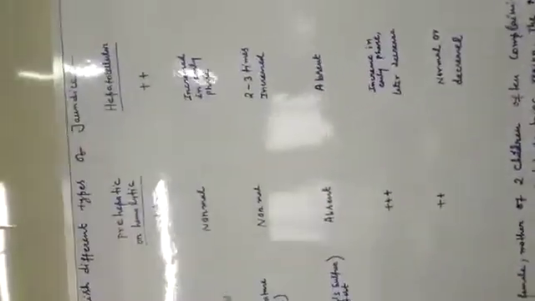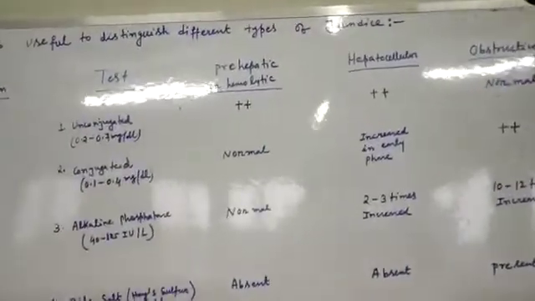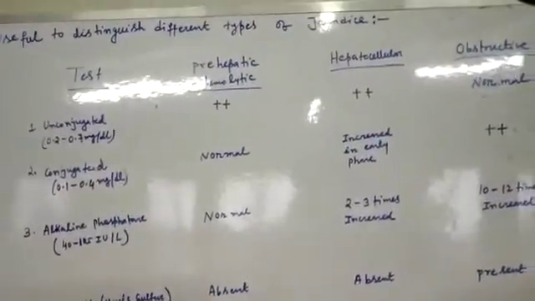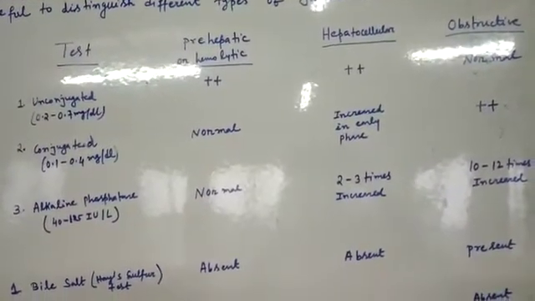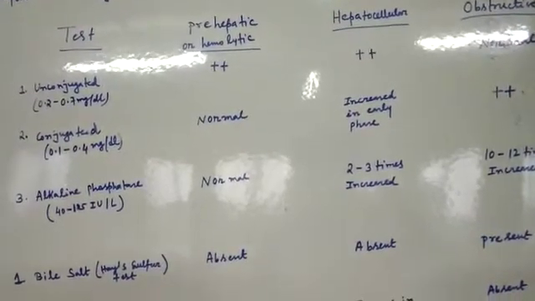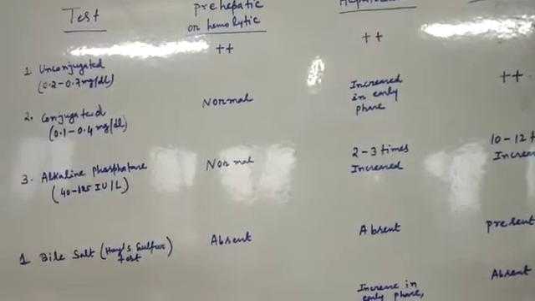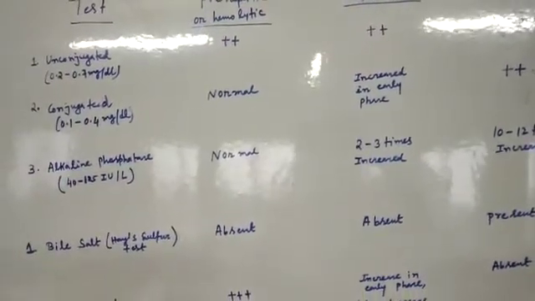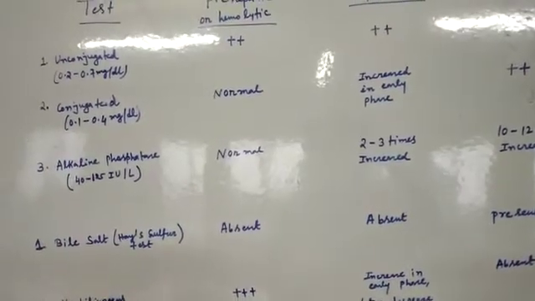So, in prehepatic or hemolytic jaundice, unconjugated bilirubin will be high, conjugated bilirubin will be normal. The normal range of conjugated bilirubin is 0.1 to 0.4 milligram per dl, and alkaline phosphatase will also be normal, with a normal range of 40 to 125 units per liter.